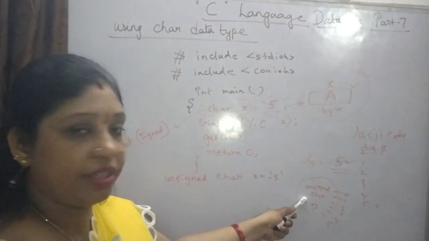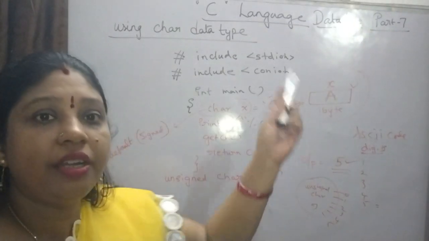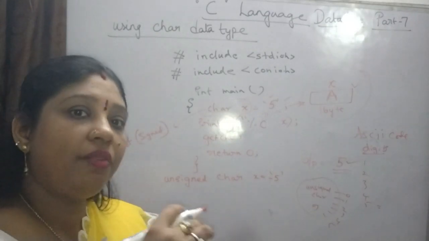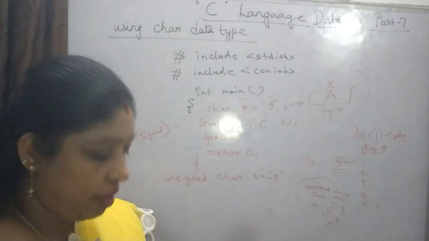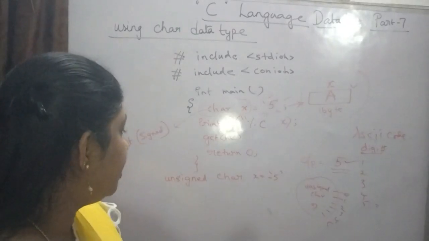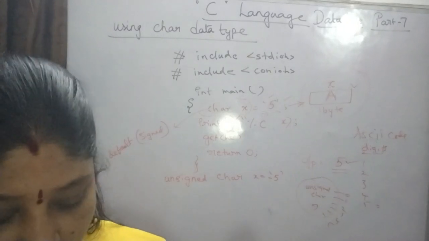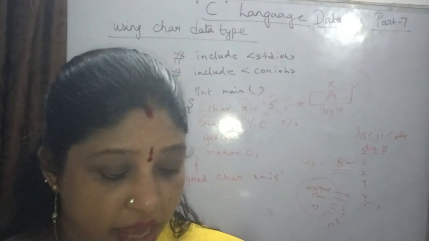It checks in this first. If it is not there, it will enter into the signed data type. Then whichever number is there near that -5, that value it will display. So this is how you will be using character data types, signed and unsigned.